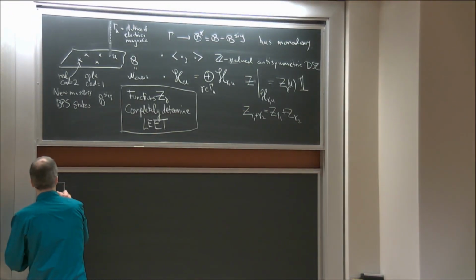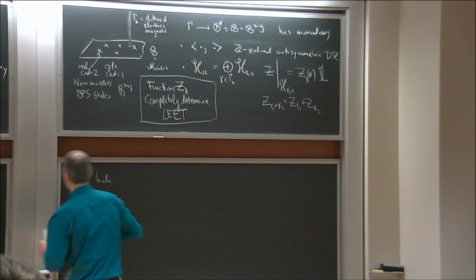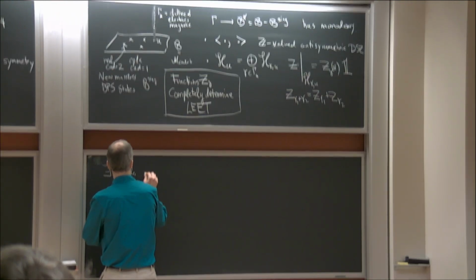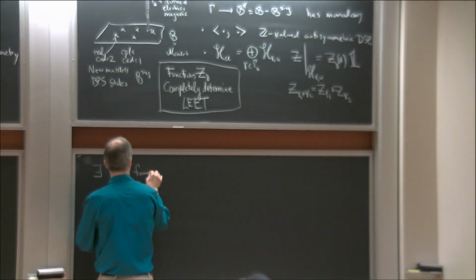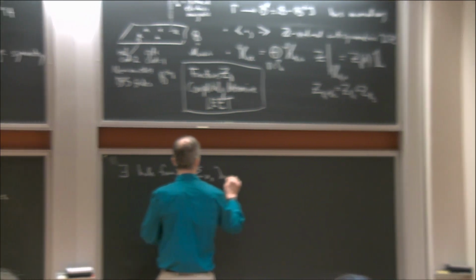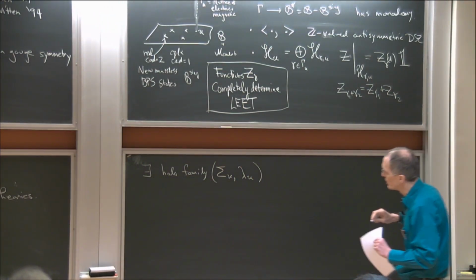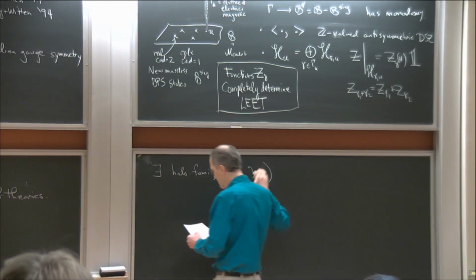So there exists a holomorphic family for this class of theories where we know the solution. There exists a holomorphic family, sigma u, called the Seiberg-Witten curve, and lambda u, a meromorphic one form on sigma u, called the Seiberg-Witten differential.